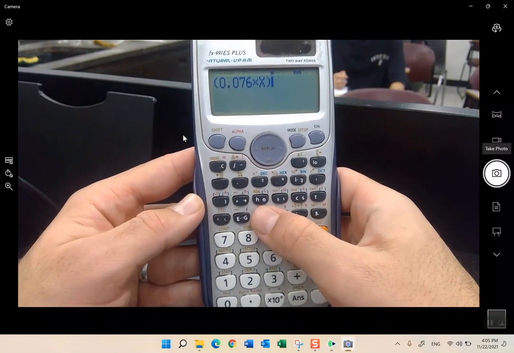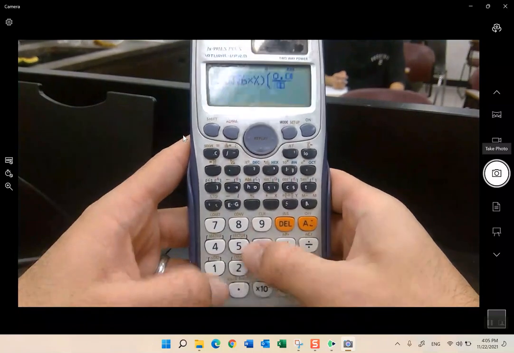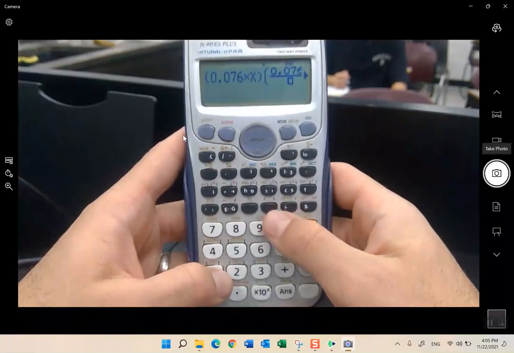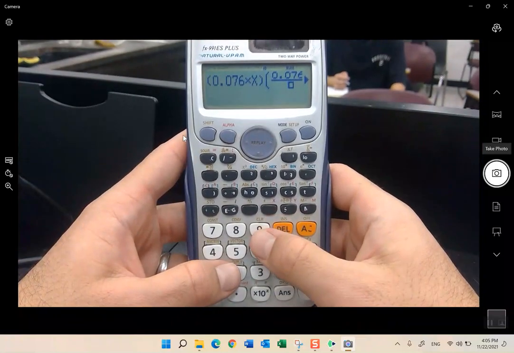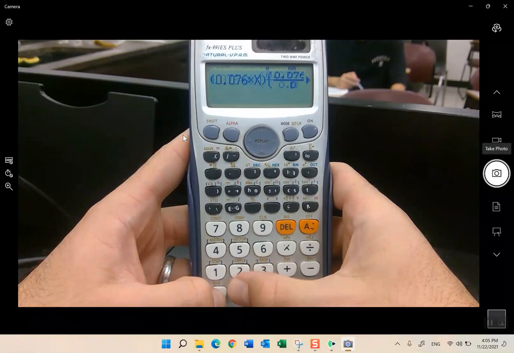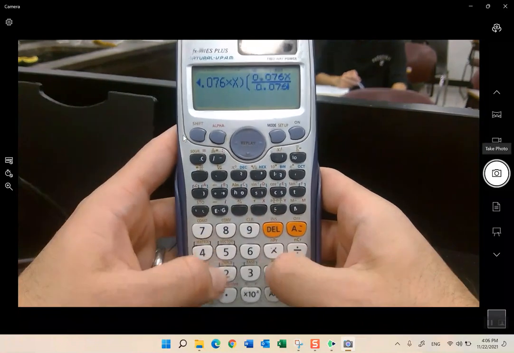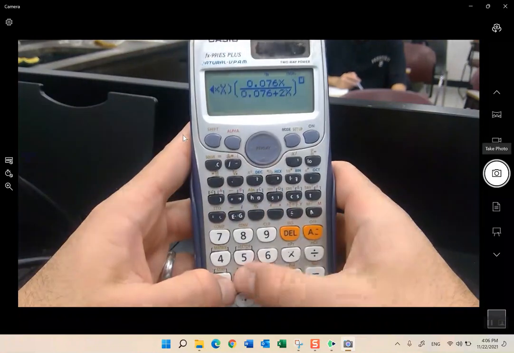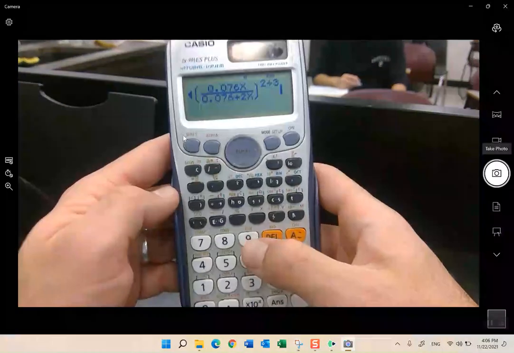And this is multiplied by the same term, 0.076x, divided by the wetted parameter, which is the P, 0.076 plus twice x. And don't forget to put the power.